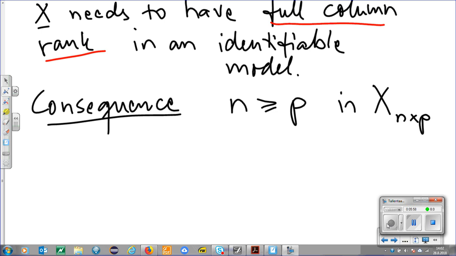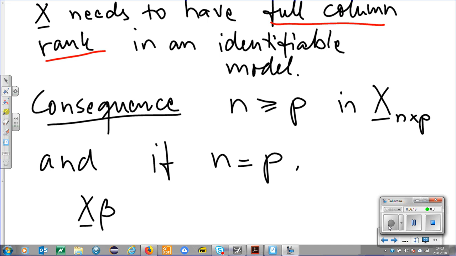That is, n needs to be at least p in the model, where n is the number of observations and p is the number of predictors, including the intercept. And in the case where the number of predictors is equal to the number of observations and the model is identifiable, that means that none of the columns is a linear function of the others, then x beta is equal to y.